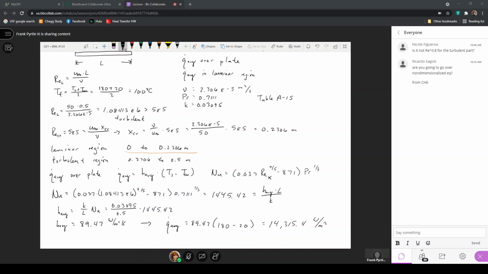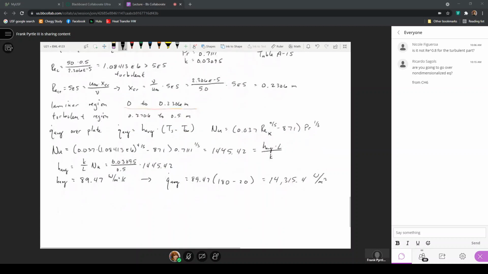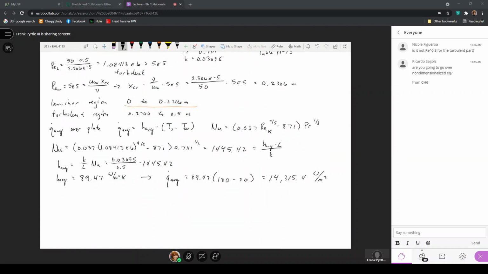So to find the average heat transfer coefficient, Q dot average for the laminar section, we know the position at which the laminar section ends, so we can calculate the Reynolds number at the transition point, and we know that the Reynolds number at the transition point is 500,000. That's the way that we found this expression of where the transition point ends.